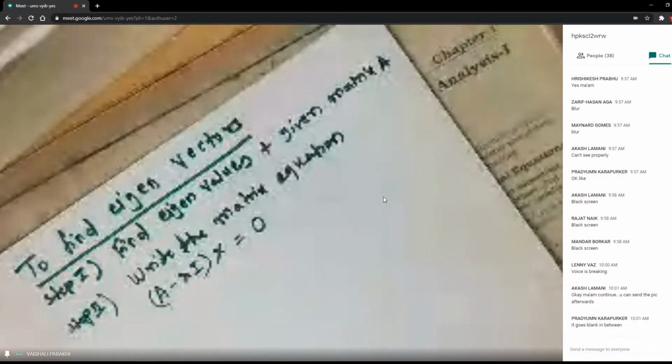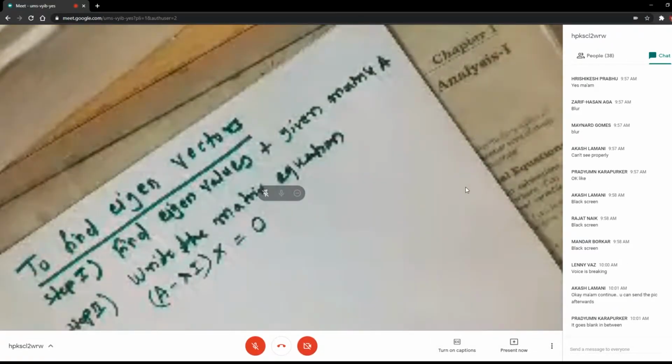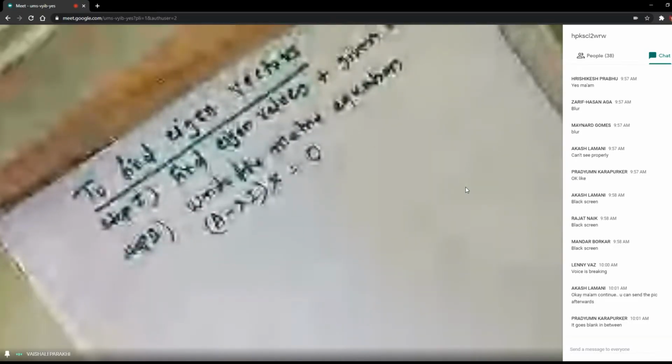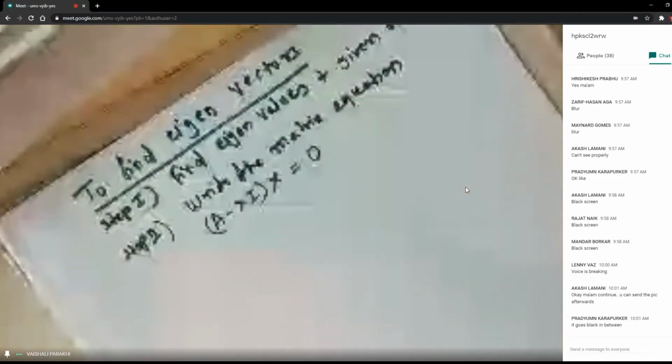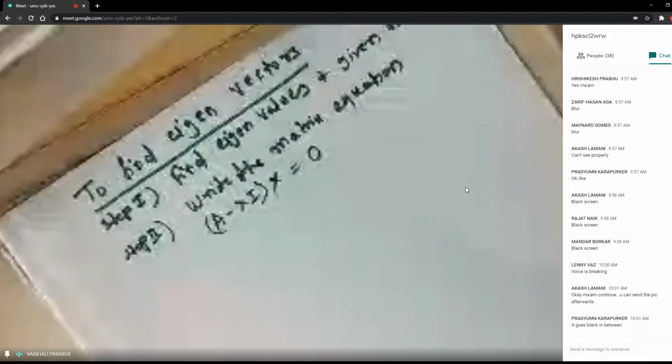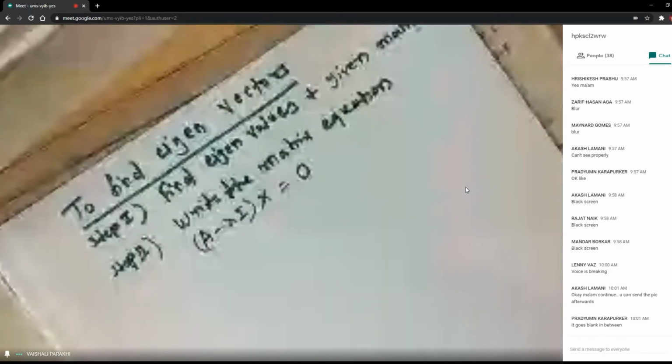I repeat, second step, write the matrix equation A minus lambda I, bracket complete, x outside, equal to 0. This is the second step. Till here it's okay, students?